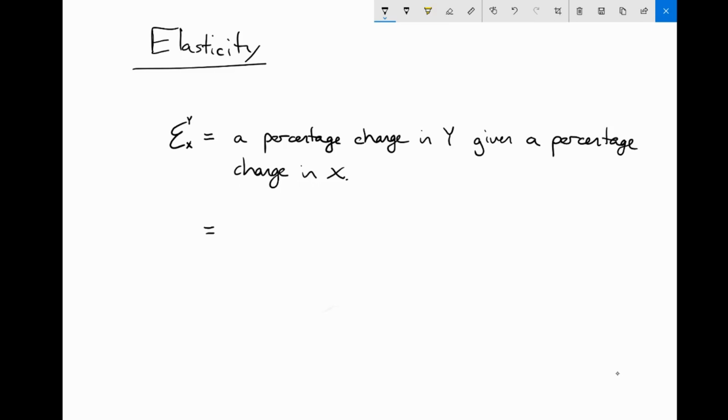Okay, so write this mathematically. This would be, so a percentage change in Y given a percentage change in X. We could write it differently. We could say this, a change in Y divided by Y, so that's a percentage change in Y, over a change in X divided by X, a percentage change in X. We can articulate this again differently.